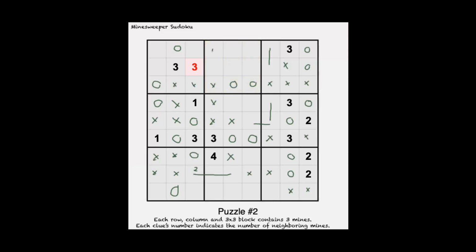So there's got to be a mine there. We can eliminate all the other cells in that block. And that forces another mine for this 3 that's got to go here, which finishes up that top left block. There we go. So now our top row is finished.